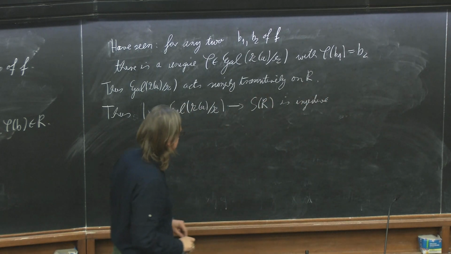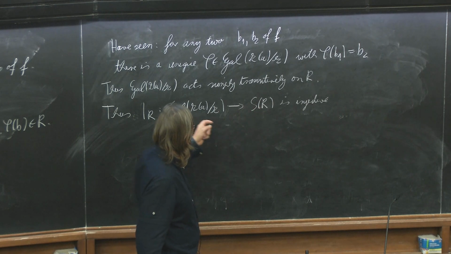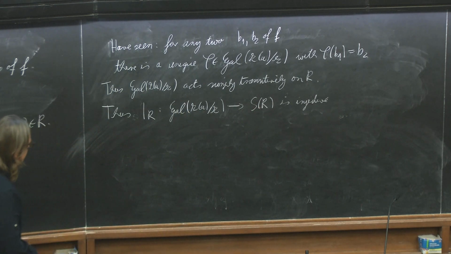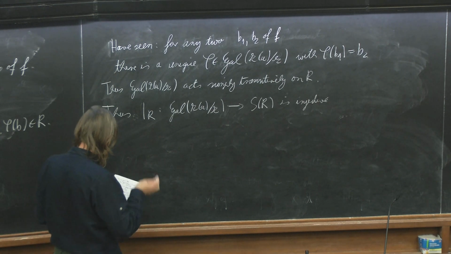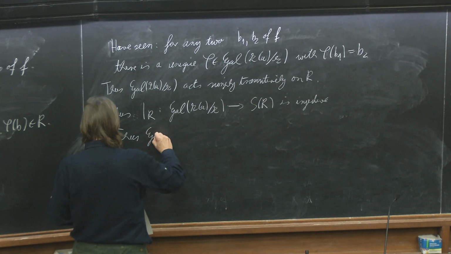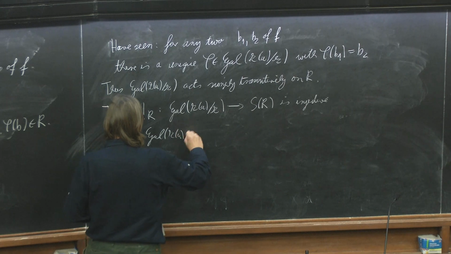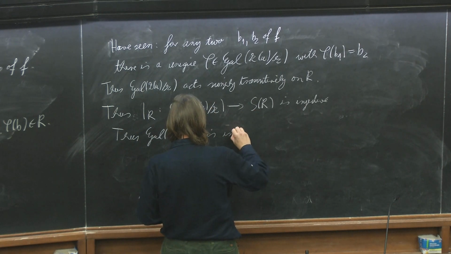Because it acts simply transitively, if I know what it does to one root, I know which element it is, so the map is injective. And so, therefore, the Galois group Ka over K is isomorphic to a subgroup of S of R, its image.